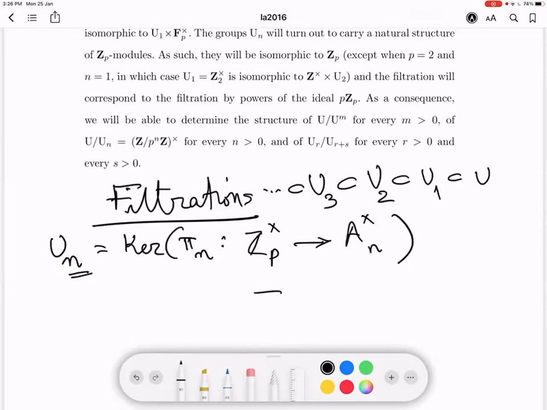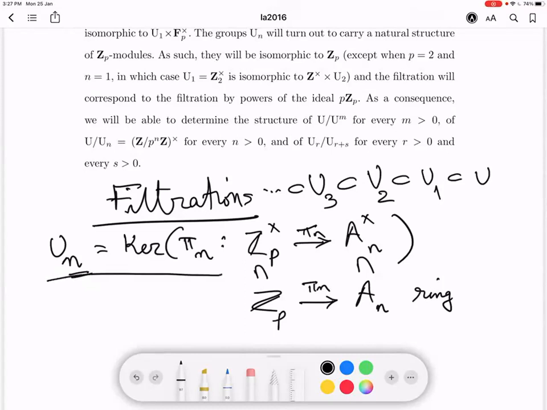I have a map from Zp to An, which is a morphism of rings, and we had called it pi n. When I restrict it to the units, which are contained in Zp and map into the units of An, I get a restriction of pi n. And the kernel of this map is called Un.